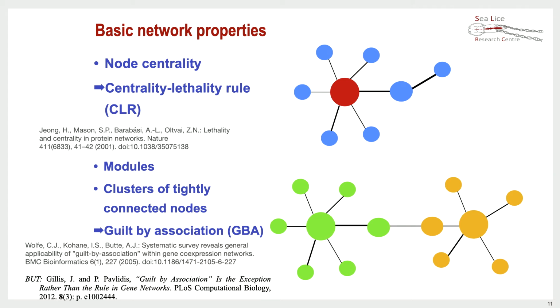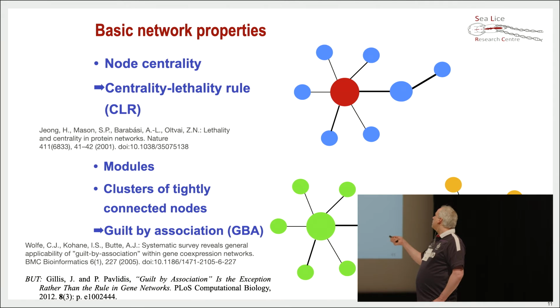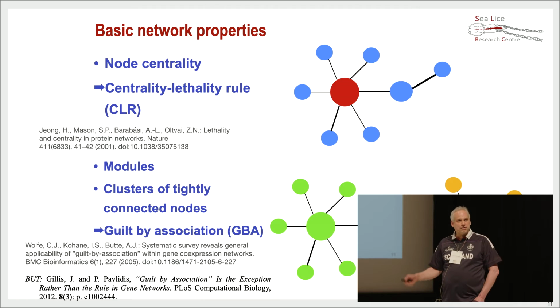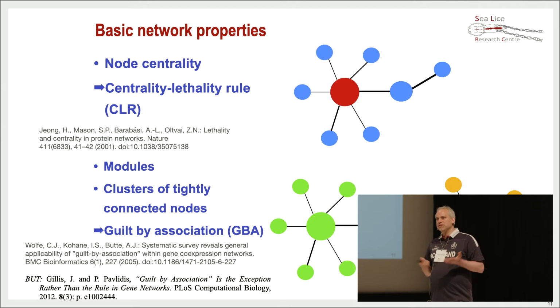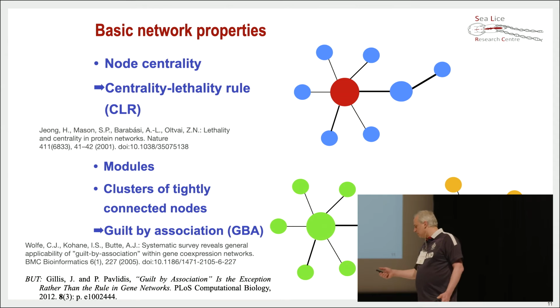It has a lot of connections, and in particular, a lot of paths between nodes go through it. That's betweenness centrality. And this is the centrality-lethality rule, CLR, which says the more central a node is, the higher the likelihood that its deletion is lethal. It's understandable. There might be a difference if you remove my profile or Mark Zuckerberg's profile from Facebook, but debatable.